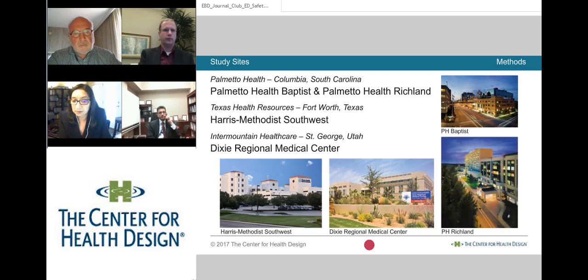They were differently located. We had 2 hospitals located in urban areas, and then there was one in a suburban area, and then one was in a rural area. So these are some of the criteria that we took into account, and we had 2 hospitals from South Carolina, one from Texas, and one from Utah participating in this research.